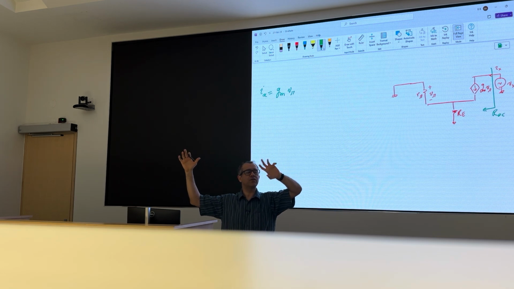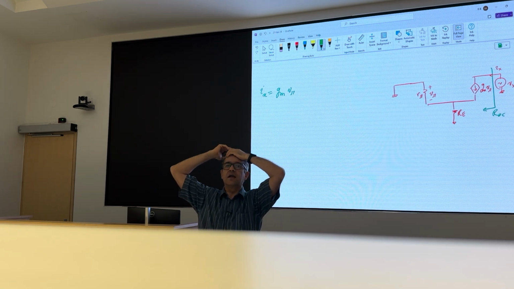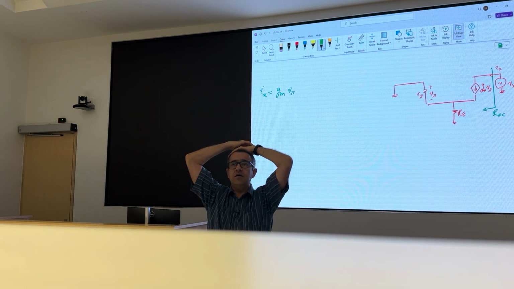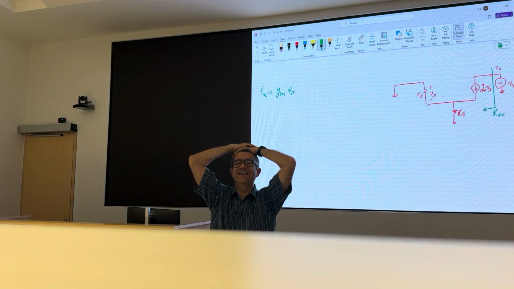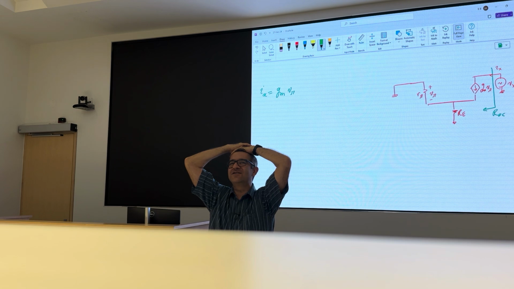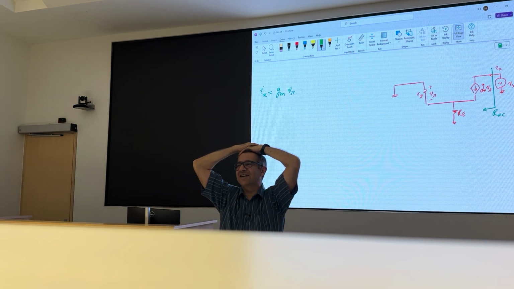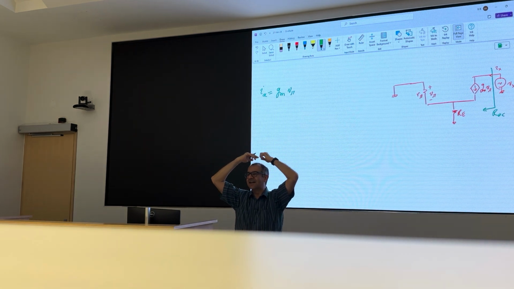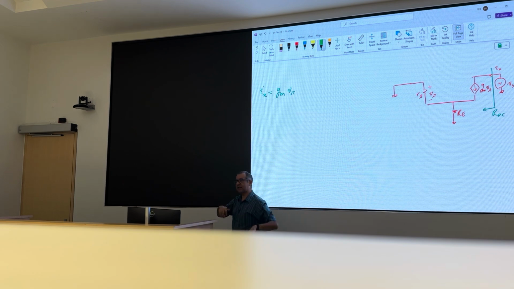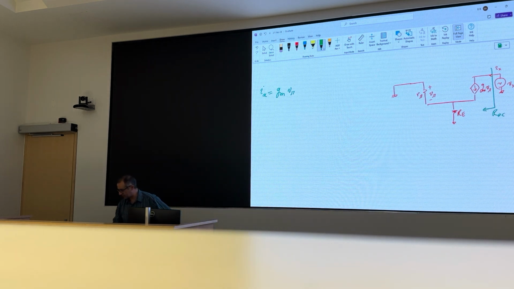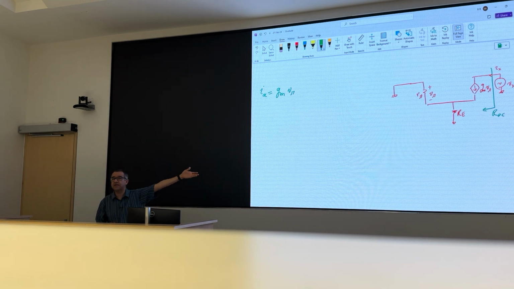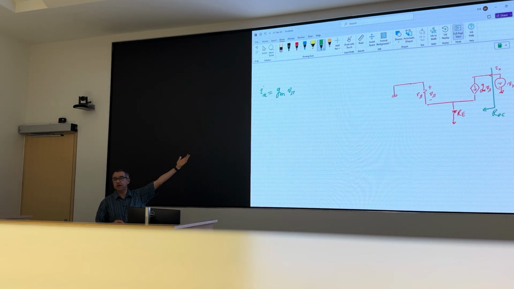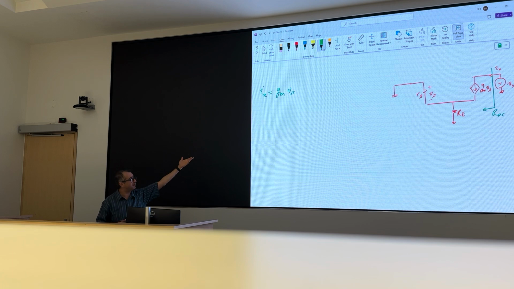Can anybody guess what IX is? 3, 2, 1, go. Current source? Oh man. IX is gm V pi. Okay, so IX is gm V pi. Based on that circuit, it must be, right? Okay. So I need to find V pi.